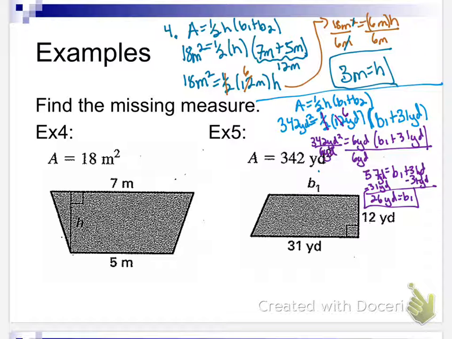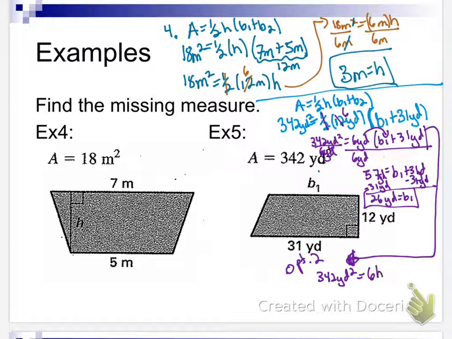Now again, you don't have to see this, but I'm going to pick back up right here. Your option 2 would have been to distribute that through. So you would have 342 yards squared equals, you distribute it, 6 times B1 and then 6 times 31.